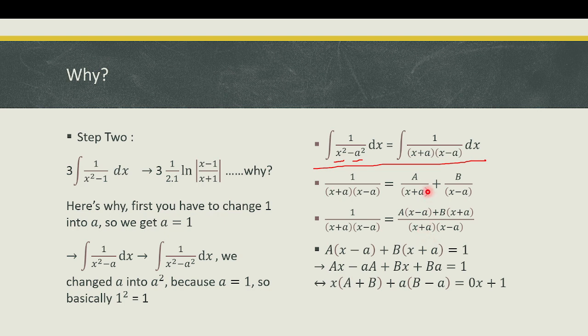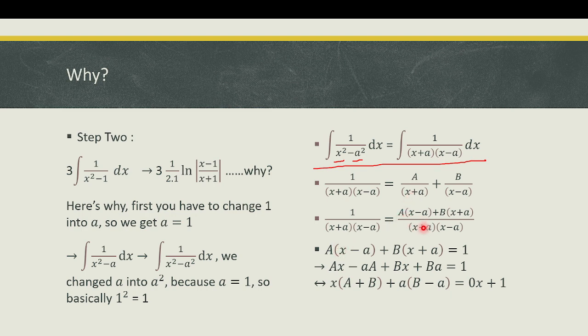So how do we get this form from this? This is just a basic fraction rule: if you want to add fractions, you have to make the denominators the same. So we just multiply it by x plus a times x minus a, and we divide this into this.